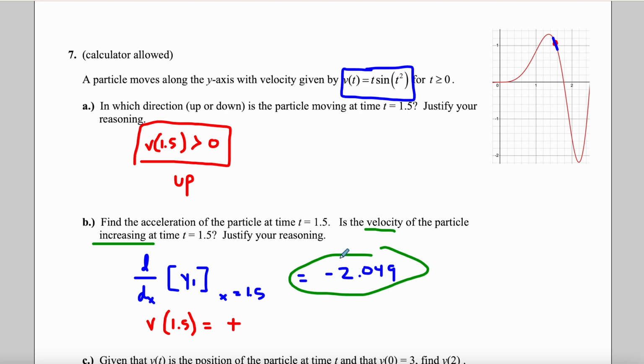But in this case, because acceleration is negative, this is no, we are decreasing. So again, I know that most of you are going to want to say that, well, the signs are opposite, so that's my justification. But that's when we're talking about the word speed increasing or decreasing. Speed is non-directional. So all we care about with velocity increasing is the acceleration. So my justification for this specific question would just be because acceleration is less than 0.